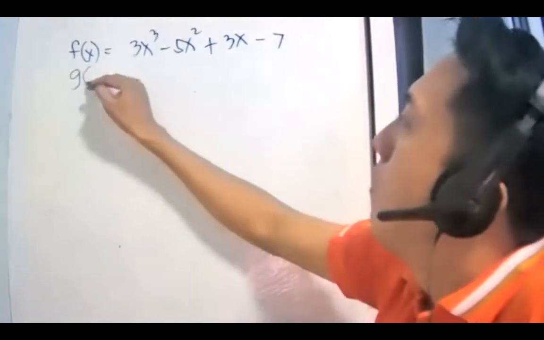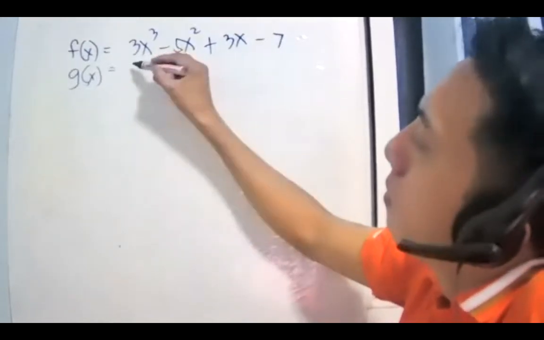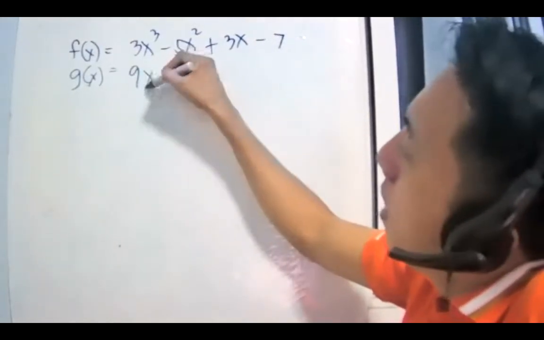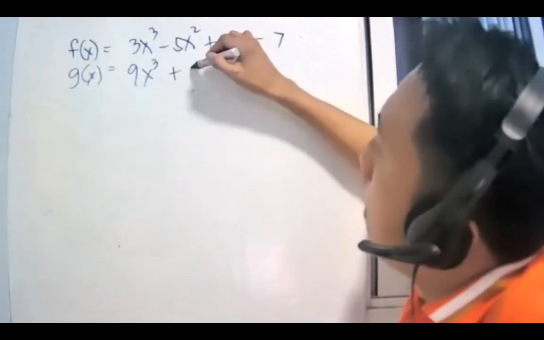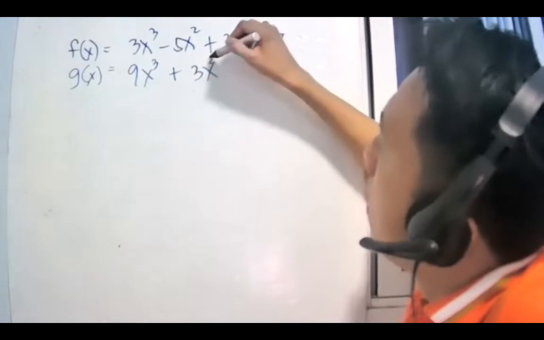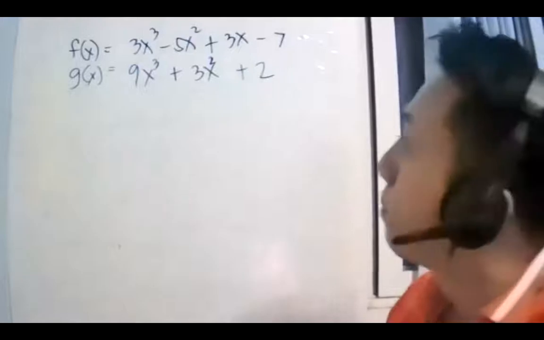And our g of x is 9x cubed plus 3x squared plus 2, for example.